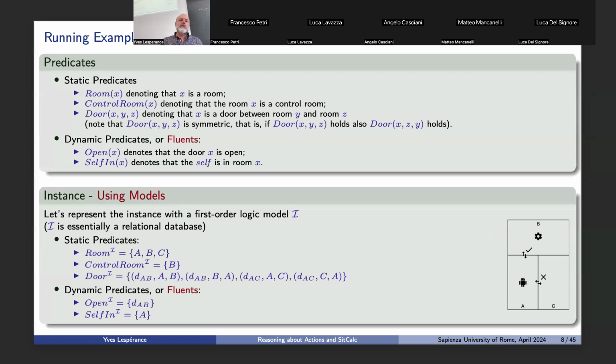And then you might have some dynamic predicates that change value as the agent acts. So one might be open: X is an open door.